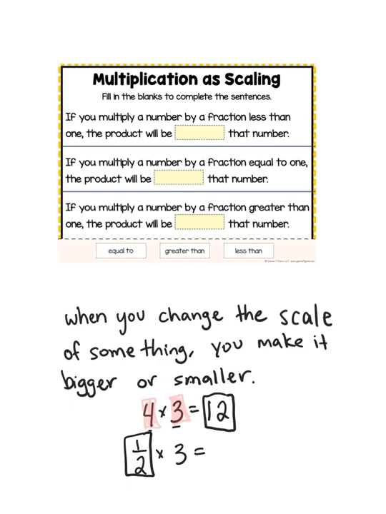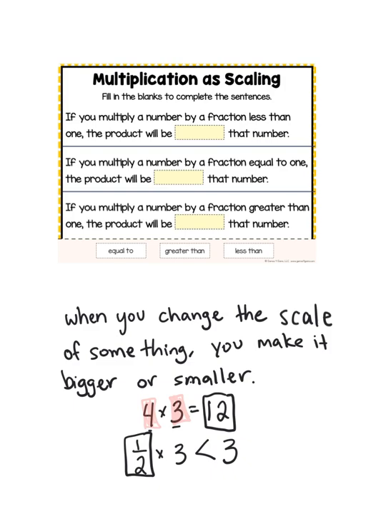If I take a portion of 3 brownies, I'm going to have a smaller amount when I'm done. So 1/2 times 3 is going to give me an amount that's less than 3.